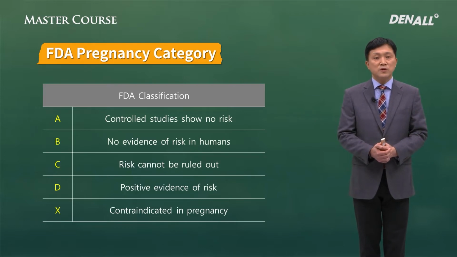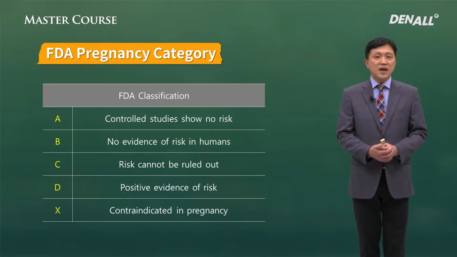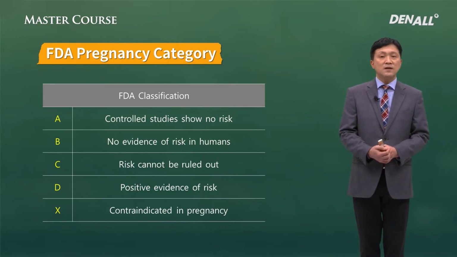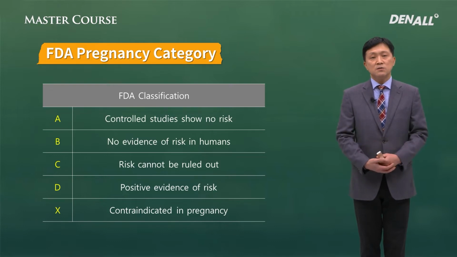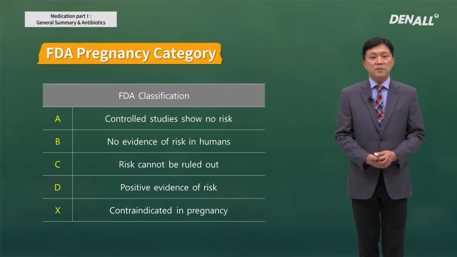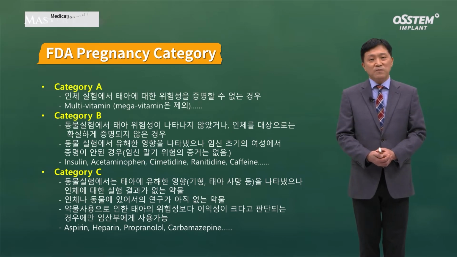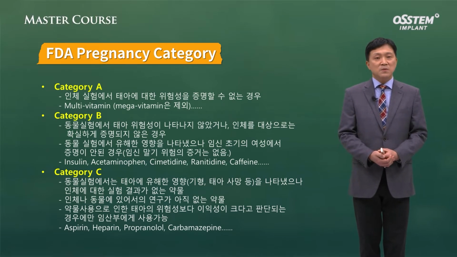FDA drug classification. Most drugs fall into B, C, and D categories. But you need to understand that drugs in categories B or C can become category D when they are used for a very long period of time. Category A, hardly any drugs fall into that category.